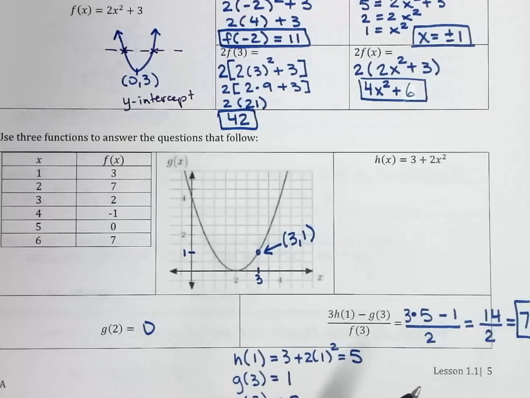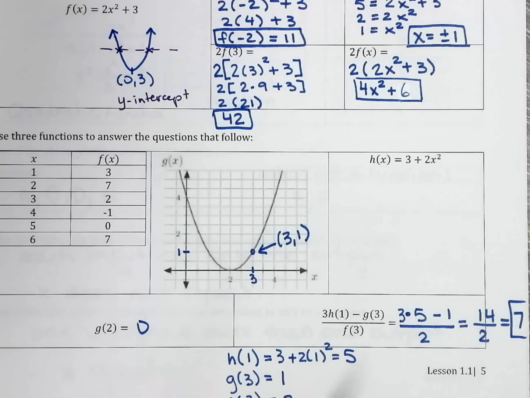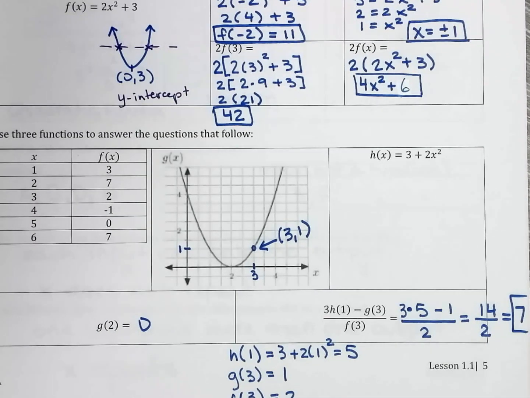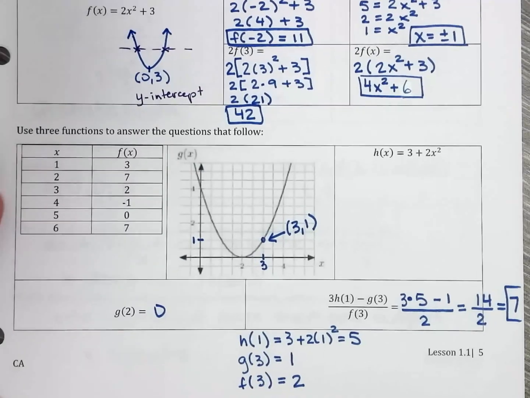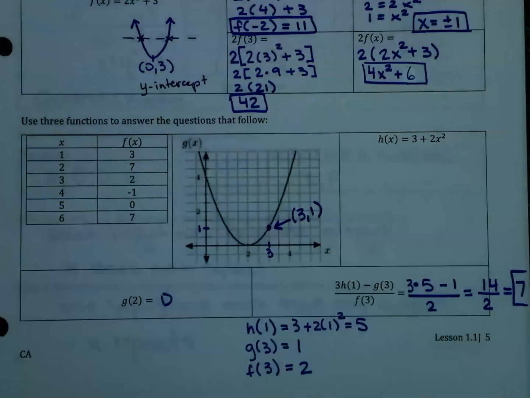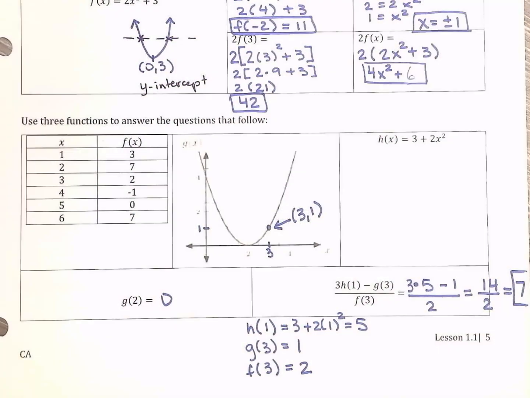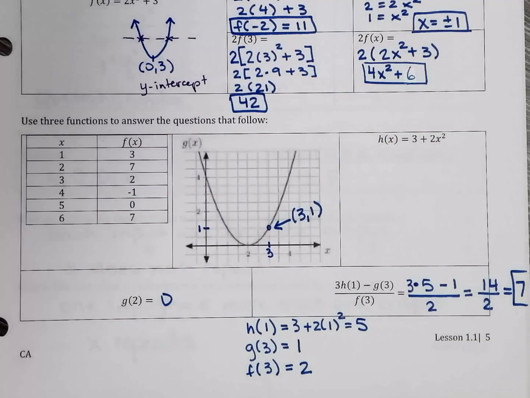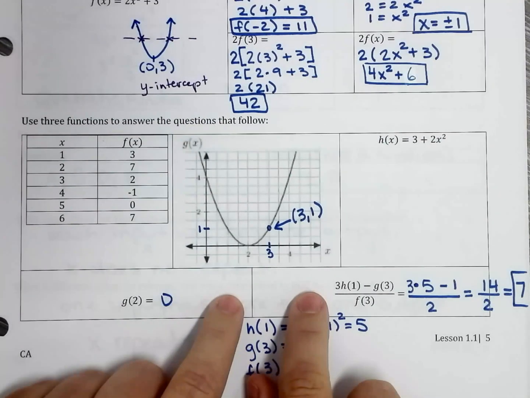Now the next one, you have 3 separate functions: f of x, g of x, and h of x. Okay, that's fine. So these are all given to you. That's what you're going to refer back to in order to answer these 2 questions.